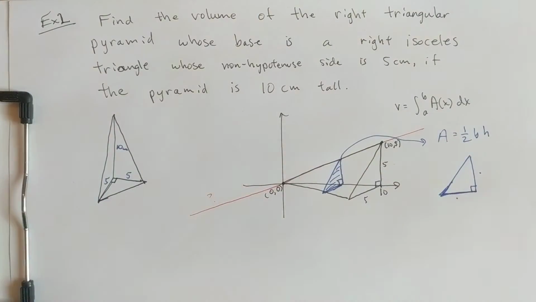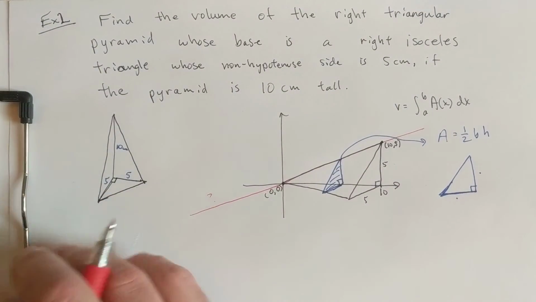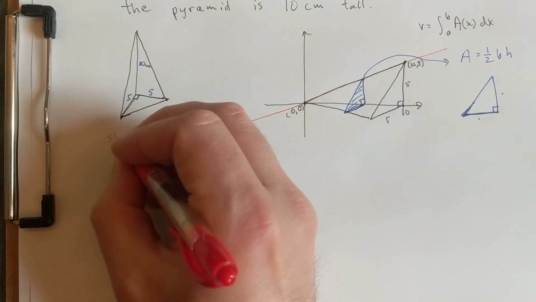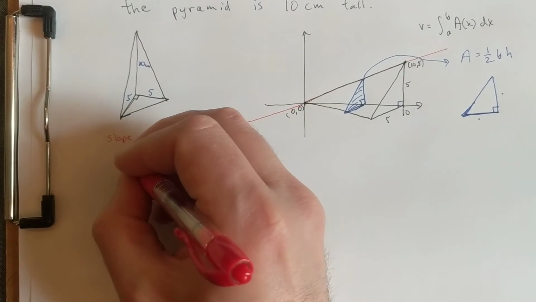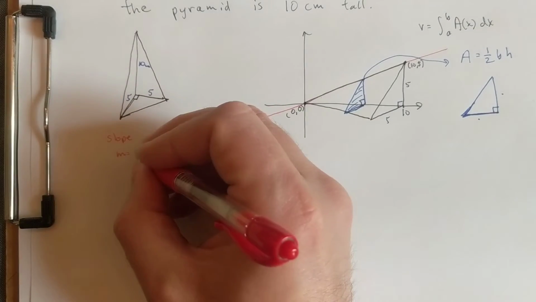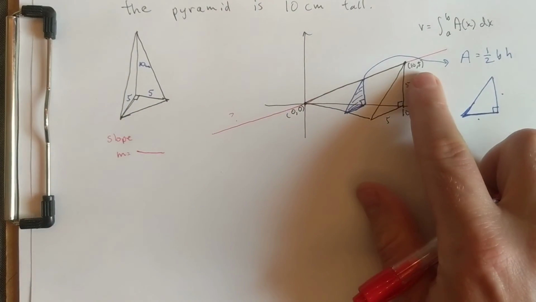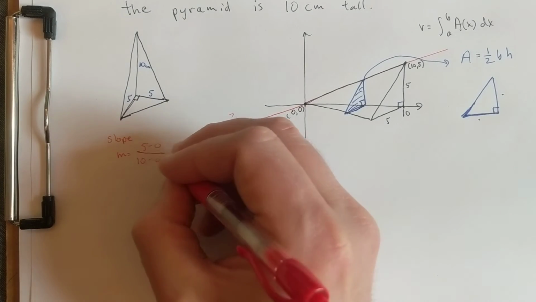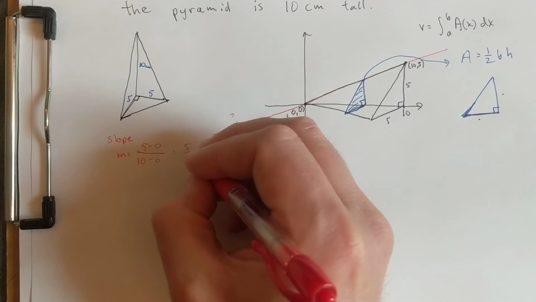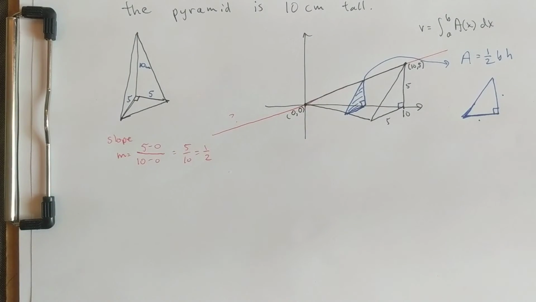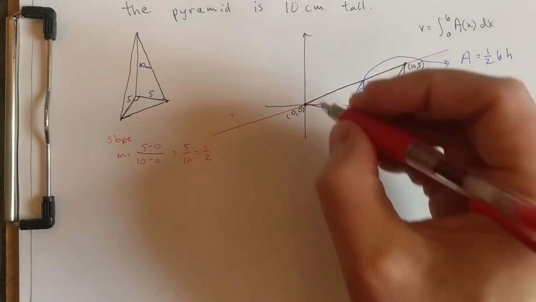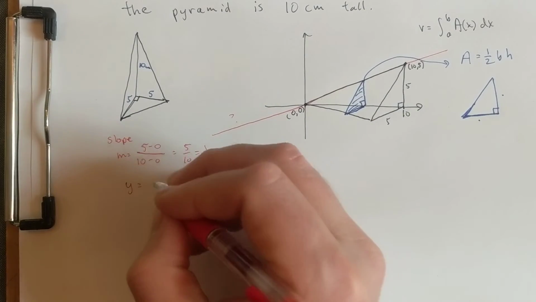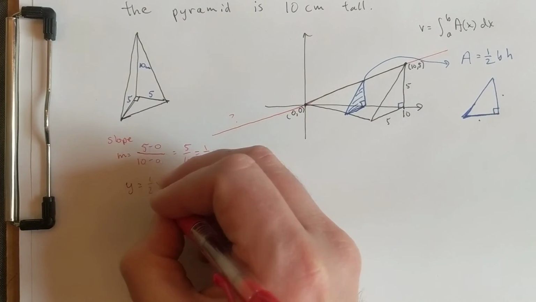The slope is the change in y over the change in x. So the change in y is 5 minus 0, and the change in x is 10 minus 0. So it's just 5 over 10, which is 1/2. And we know that the y-intercept is 0 because we're going through the point (0, 0) down here. So the equation for this is y equals 1/2 x.